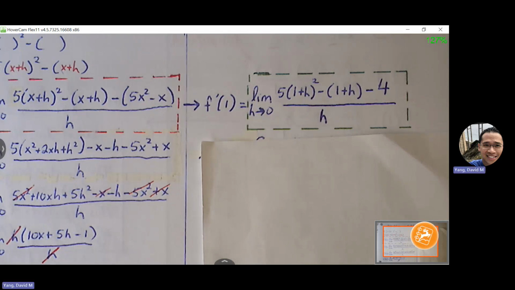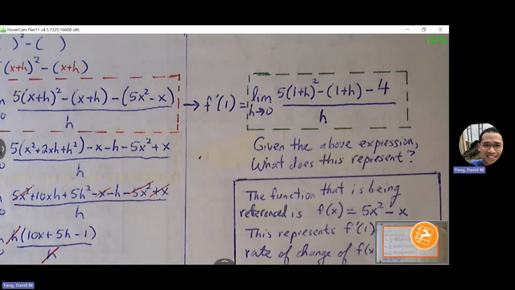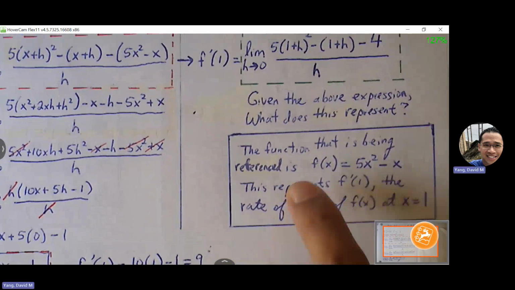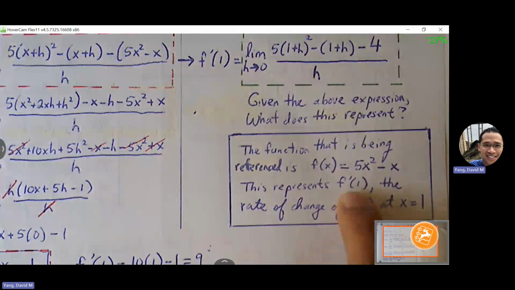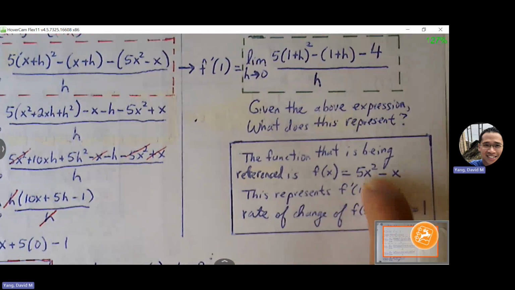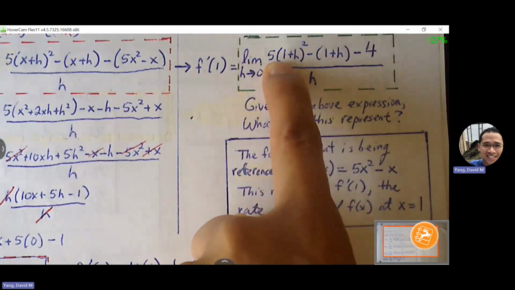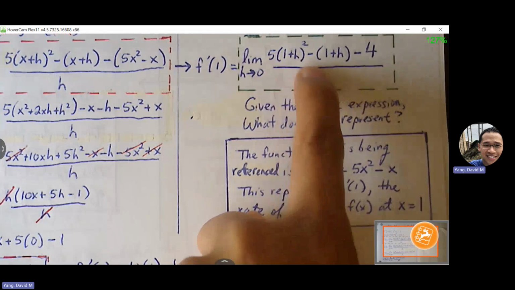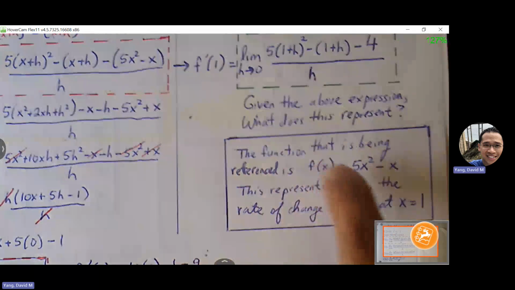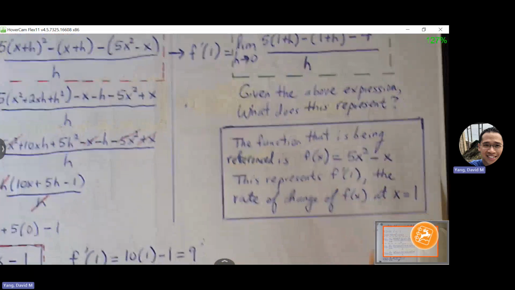That is what a College Board problem could look like, where they give that to you and ask you, what does that mean? We know this function is coming from 5x squared minus x, and because the x is getting replaced with 1, we know this represents the derivative of this function at 1.